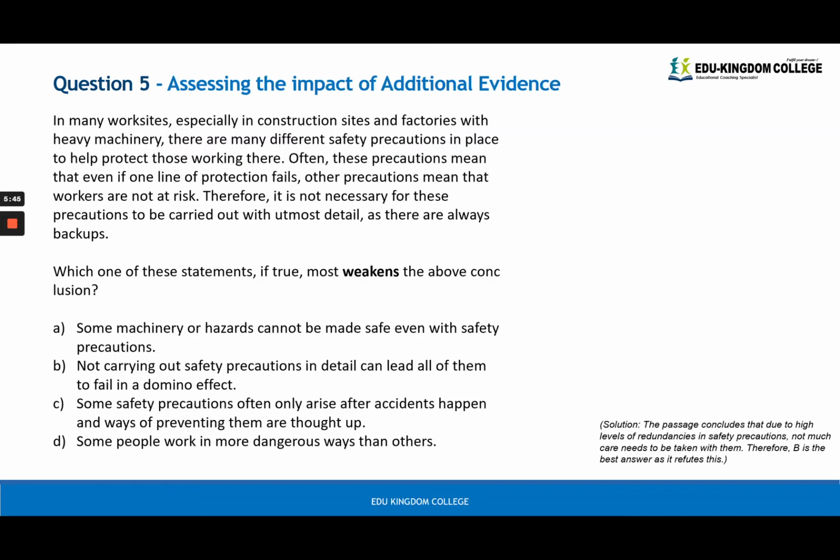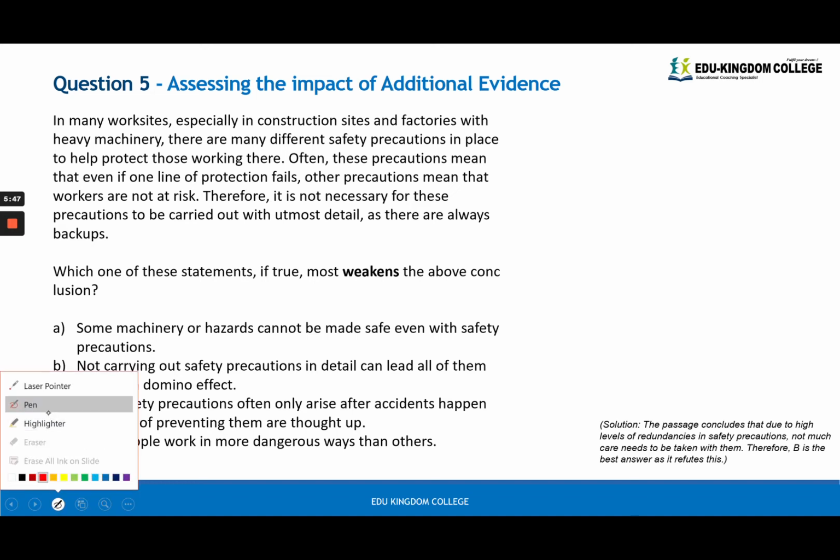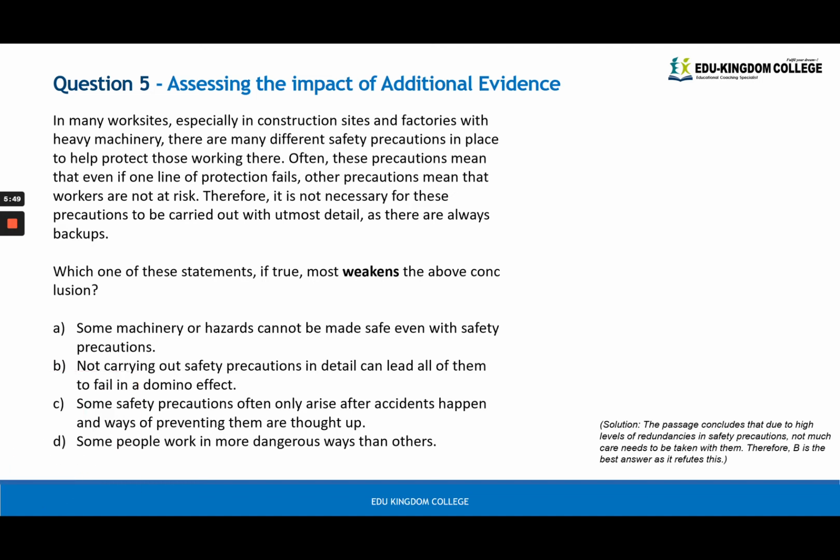Number 5. Again, we want to find a weakening statement. At many work sites, especially construction sites, there are different safety precautions to protect the people working there. Often this means that even if one line of protection fails, other precautions make sure that workers are not at risk. Therefore, it is not necessary for these precautions to be carried out with the utmost detail, as there are always backups.